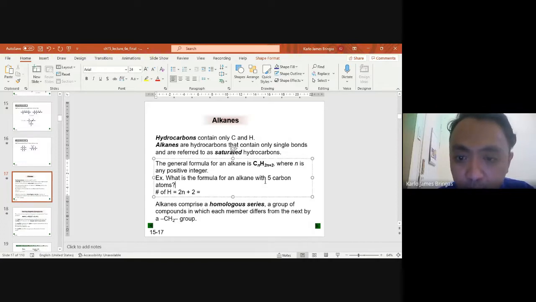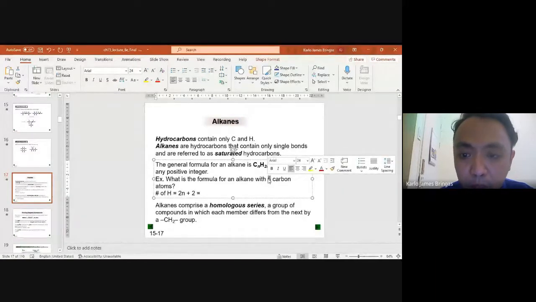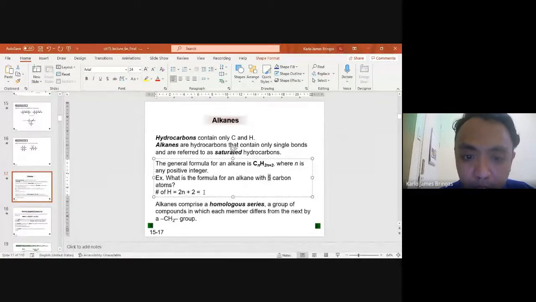In this example, the alkane has 5 carbon atoms, so what we do is we replace the n with 5.